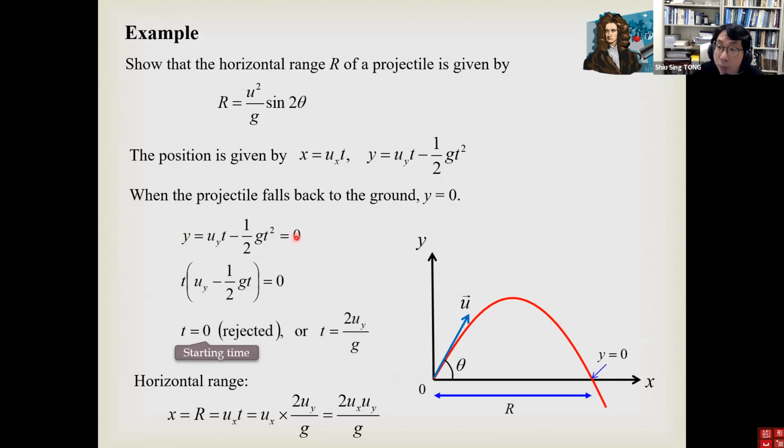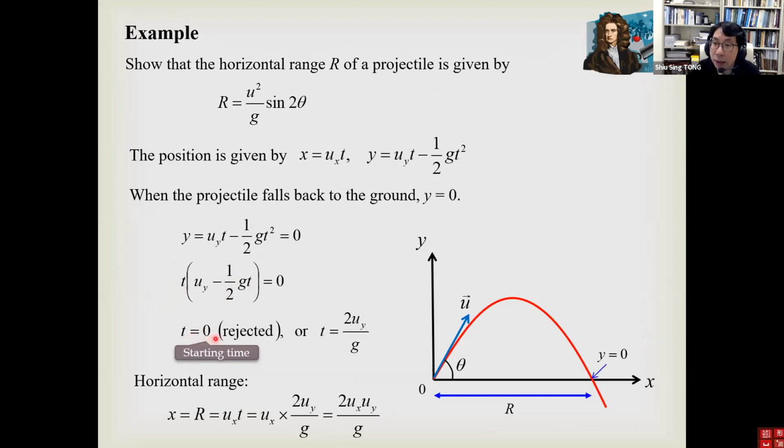And that is a simple quadratic equation because I can extract a factor of t. After I do that, I can see the term inside my bracket is uy minus half gt. And so I have two terms multiplying together equal to 0. And so either t is 0 or the term inside the bracket is equal to 0.